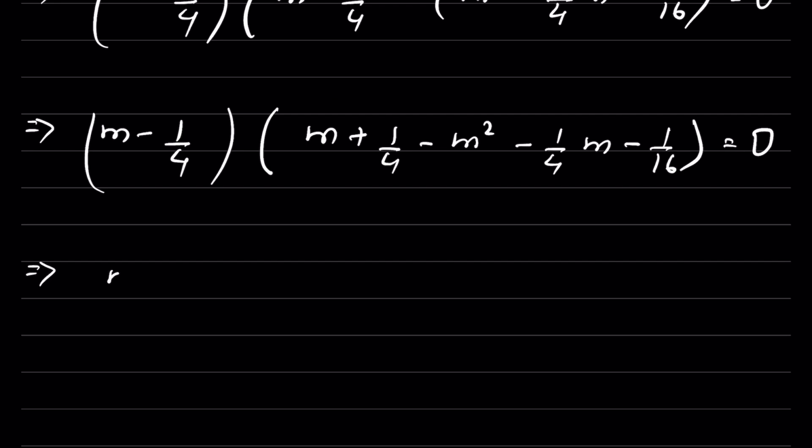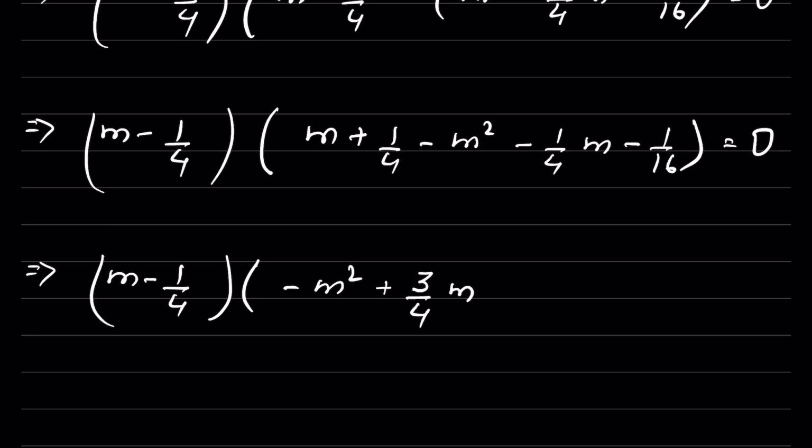Or m minus 1 upon 4 then times minus m square minus 1 upon 4m plus m will be plus 3 upon 4m. 1 upon 4 minus 1 upon 16 is plus 3 upon 16 is equal to 0.